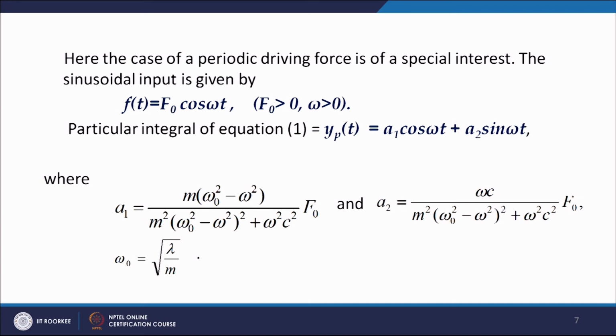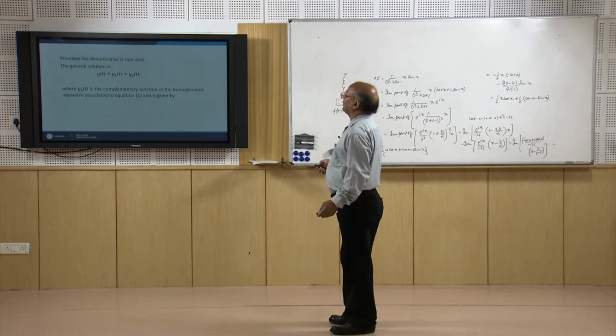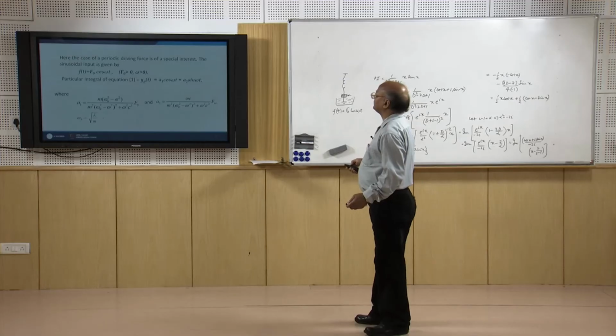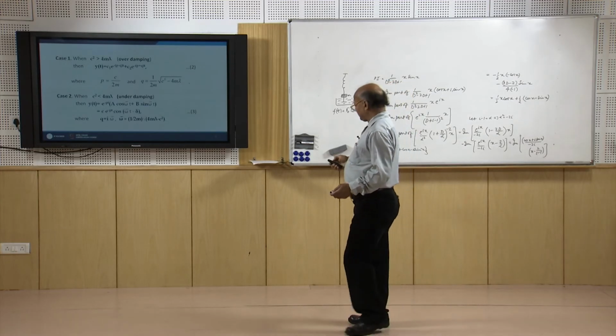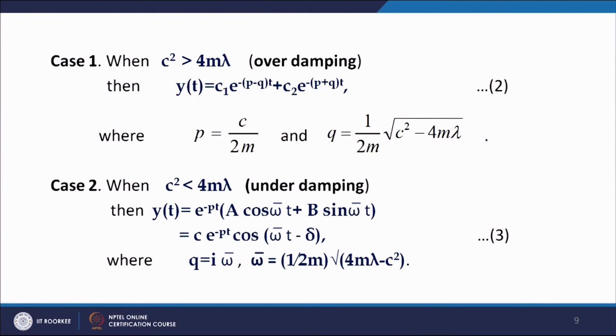Now, the general solution, as we know, will then be the sum of the complementary function, which is the general solution of the homogeneous linear differential equation, and the particular integral y p(t). So, this is the complementary function of the homogeneous equation associated to equation 1. Now, in the case of free oscillations, we had three cases. When c square is greater than 4 m lambda, we had over damping. y(t) came out to be this, where p we had taken as c by 2m, q equal to this.